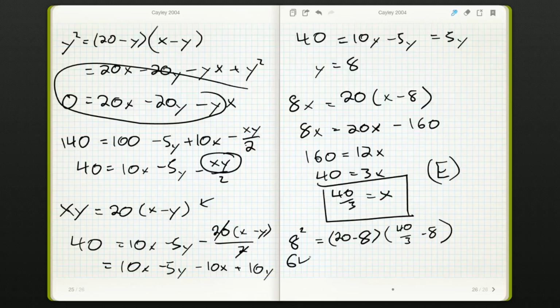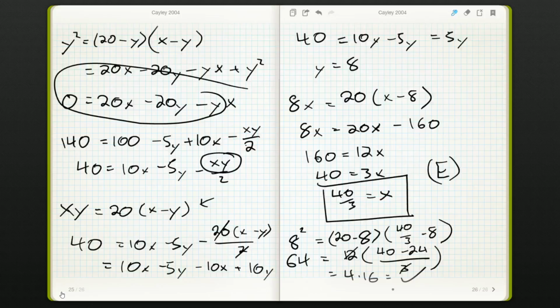So that'll be 64 is 12 times 40. 8 times 3 is 24. So part of that will cancel out. We'll get 4. And 40 minus 24 is 16. So this does seem to check out.